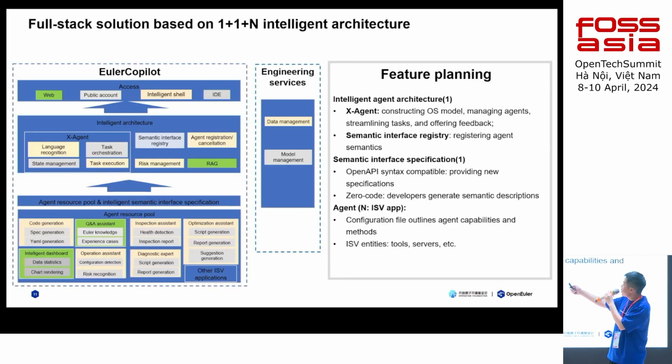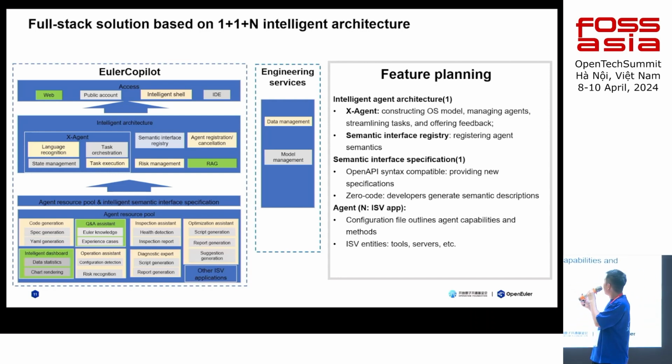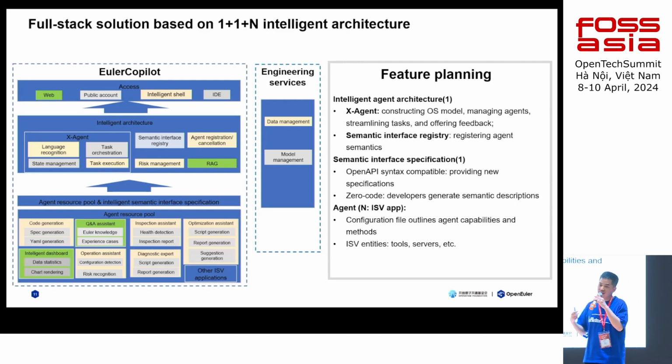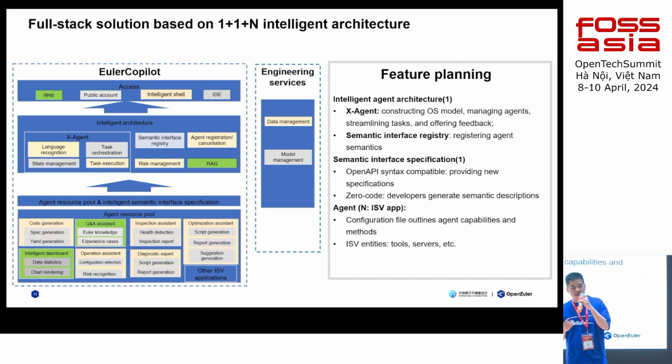Okay, here is a full-stack solution based on 1+1+N. Let me explain what 1+1+N is. The first one represents our framework, and the second one is a semantic interface specification. The specification should be OpenAPI syntax compatible, because as you know, our traditional servers have something like Swagger.